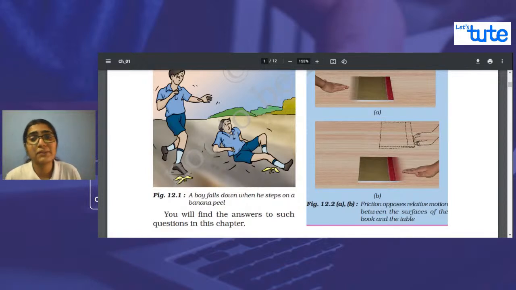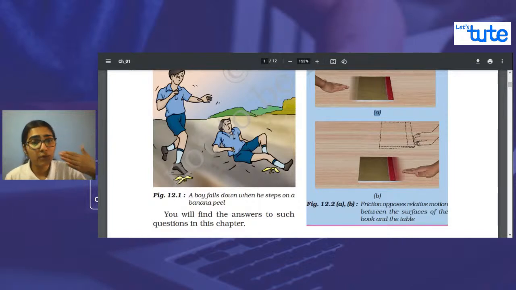The next concept is that friction always acts on a moving body and tries to bring it to rest. If you notice the book here, in figure 12.2 A and B, the book is moving.